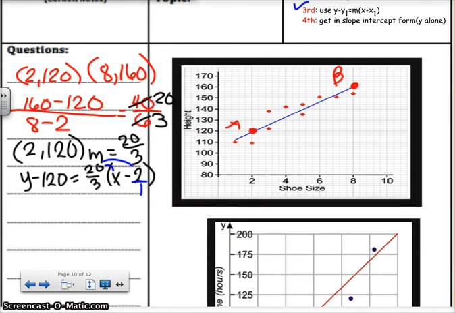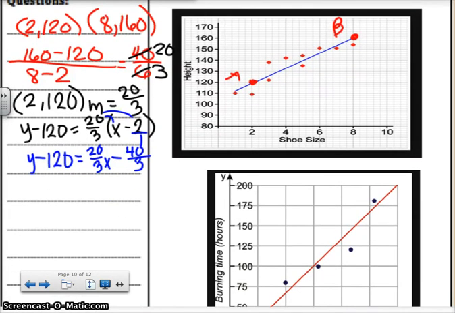So I can go top times top over bottom times bottom. 20 times 2 is 40, over 3 times 1 is 3. Okay, now add 120. So it's going to be 40 over 3 plus 120, right? So I need space to do that math. 40 over 3 plus 120 over 1.